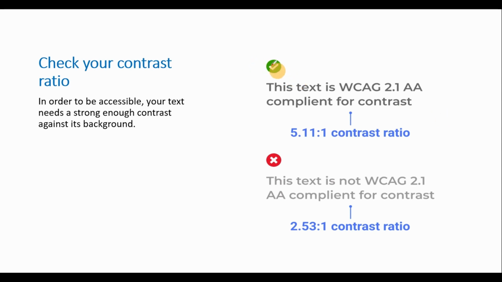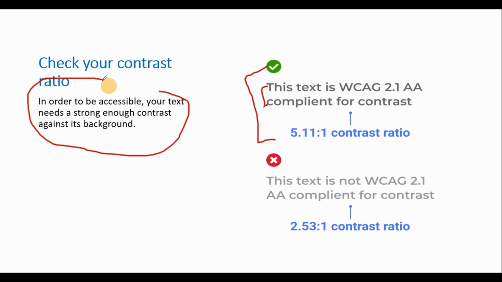From this example, which has the correct ratio, we can see the color of this text against this background. To make it visible and not too dark, like the way I have here, and to make it easy on the eye of the users, you create this kind of contrast where you reduce, maybe set, an opacity.